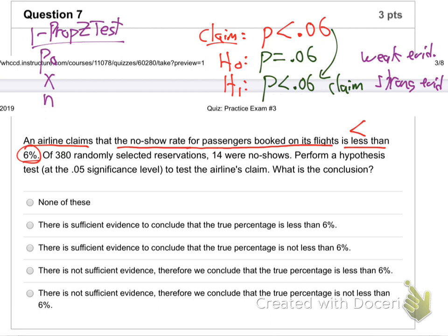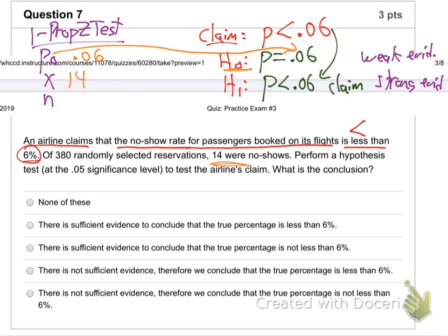And then it's going to ask me for a P0, an X, and an N. What's the P0? Yeah, where do you get the P0 from? Yeah, you always go over to the H0 and grab the number next to H0. 0.06, yeah. The X, what do you think the X is? It's the 14 no-shows, huh?